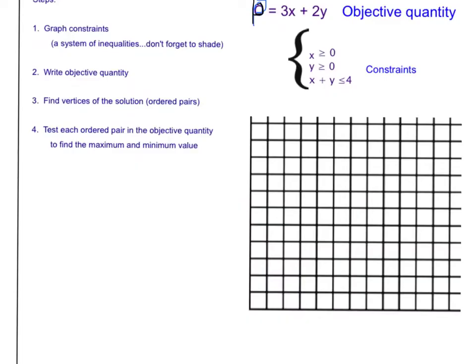Okay, we're going to start by graphing the constraints. So this first one will be the vertical line going through. So this is an X equals, let me make that neater, an X equals 0. So right like that.